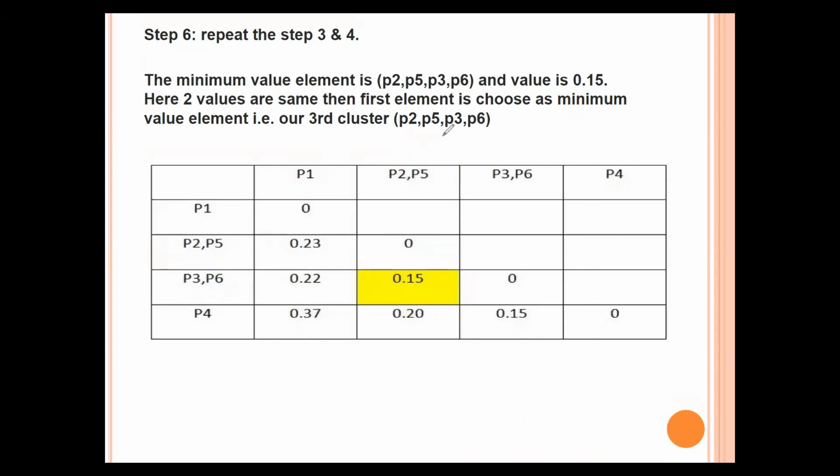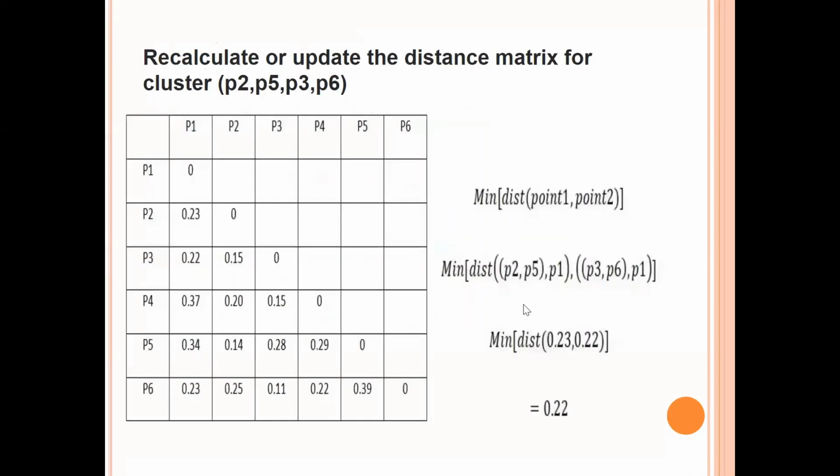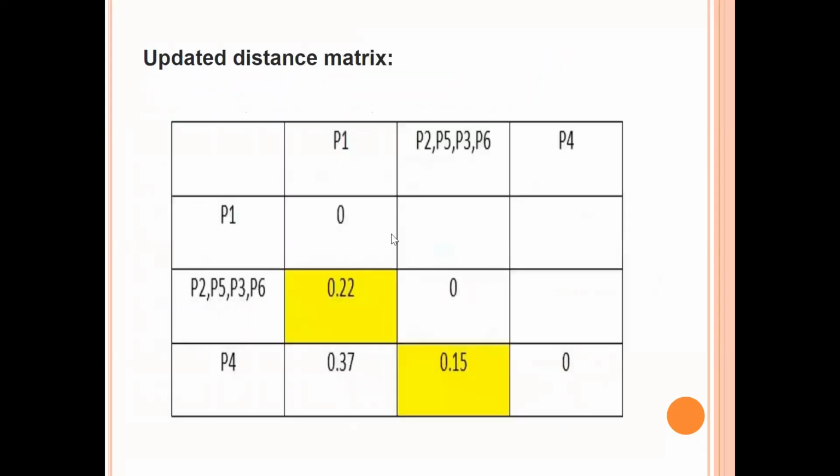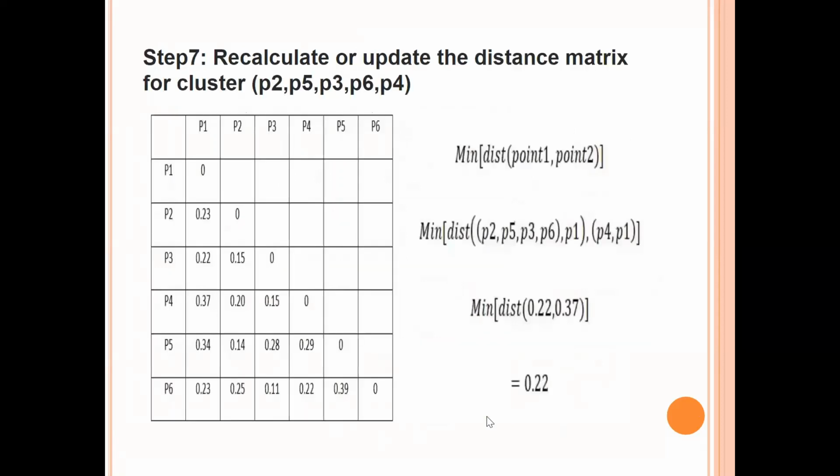Have a look. We are finding the distance of P2, P5 with P1 and P3, P6 with P1. The minimum distance would be 0.22. Have a look at this updated matrix now: it's 0.22, 0, 0.37 and 0.15. For now, the minimum value would be 0.15.